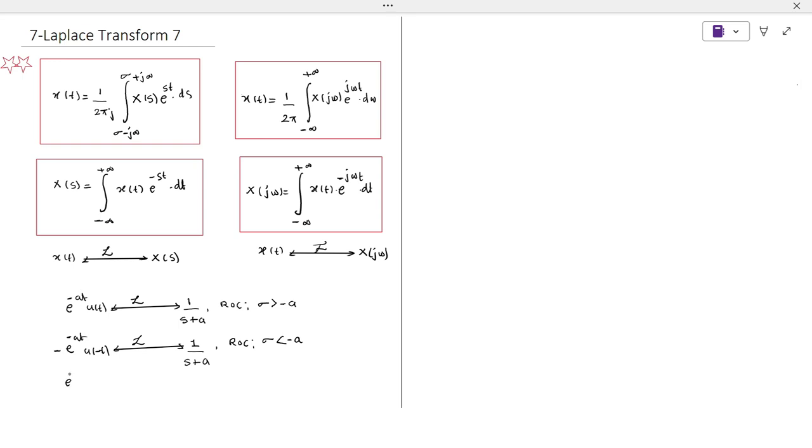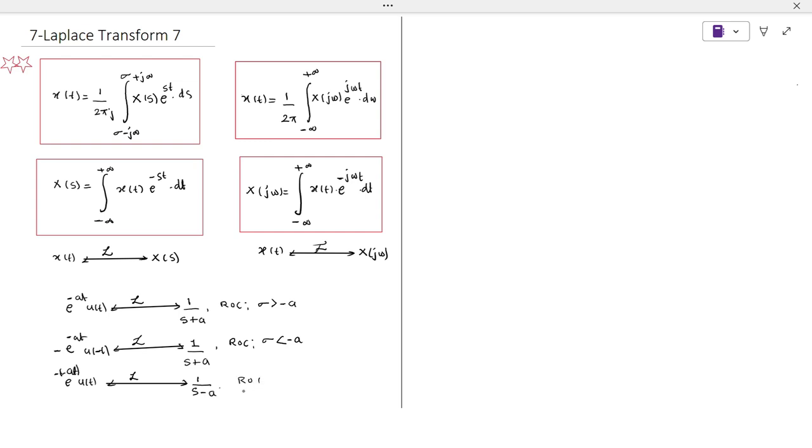In the next two cases, I will consider e power at into u of t. For that, the Laplace transform equal to 1 by s plus minus a, which goes to s minus a.